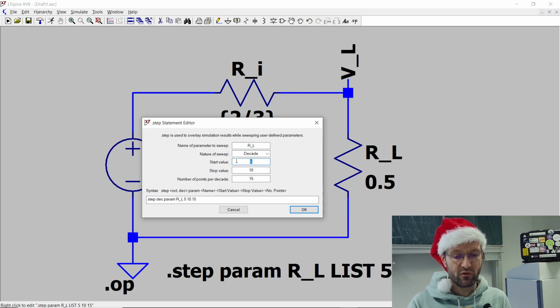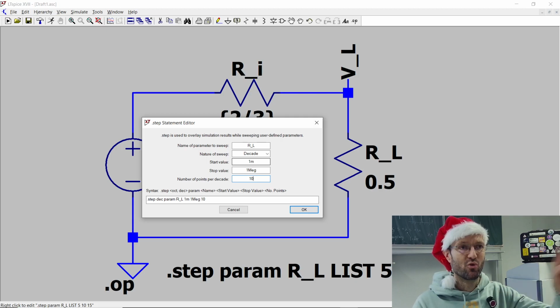I want to go from very small values, maybe a milli ohm, to some very large values, maybe 1 mega ohm, with, I don't know, 10 points per decade.